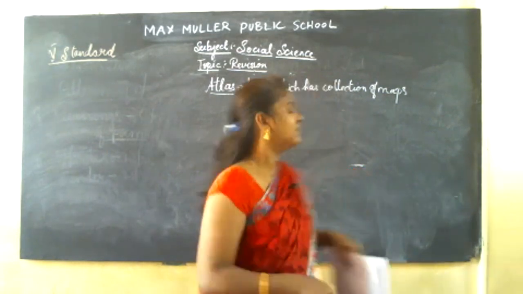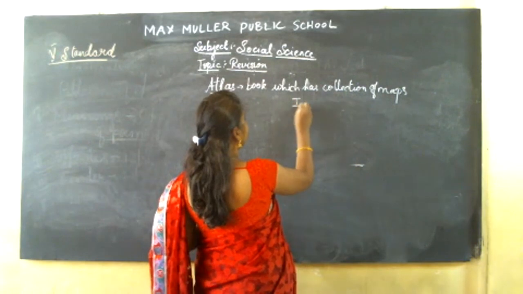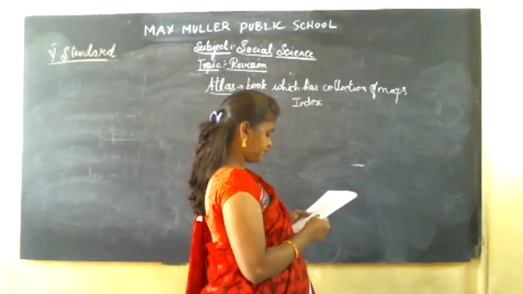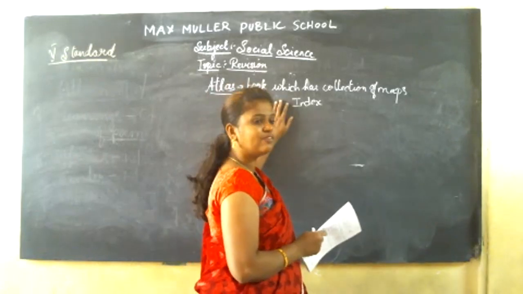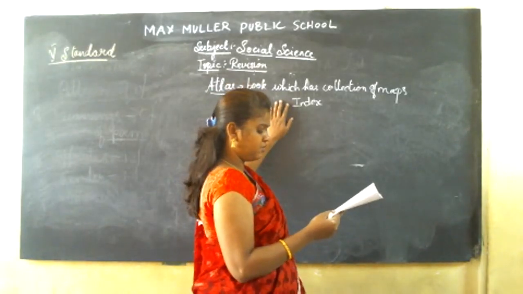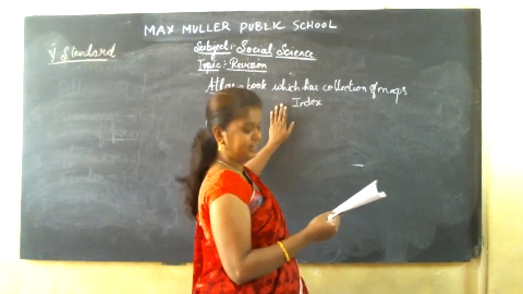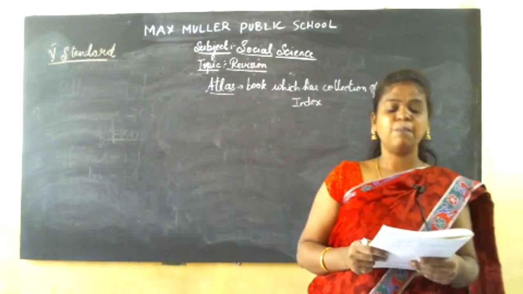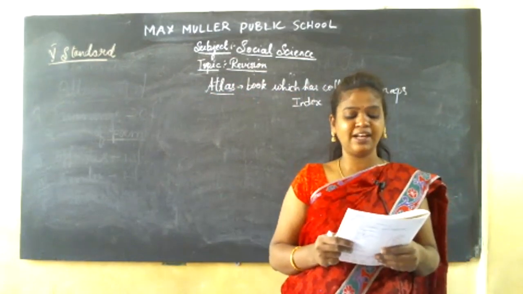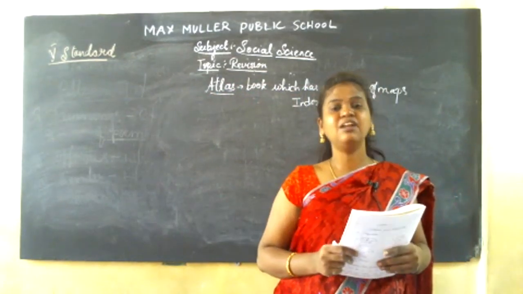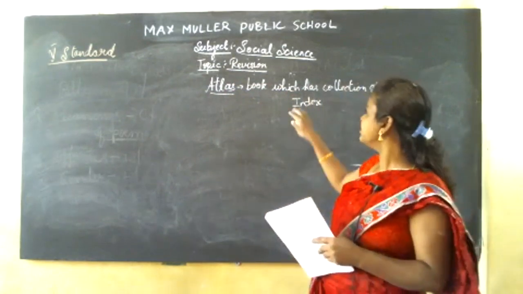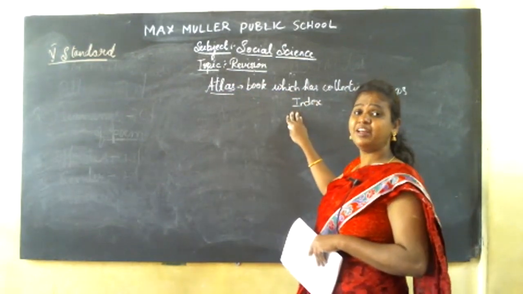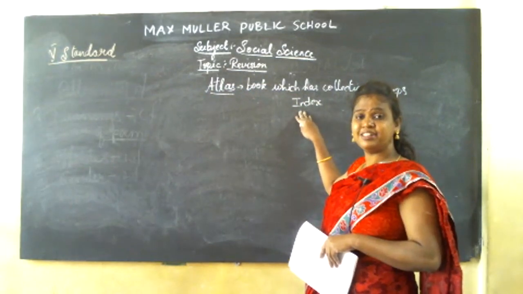So what happens in the atlas book, you can just see the index. With the help of the section called index, which shows the names of places marked on various pages of the atlas in an alphabetical order. So in an atlas there is a section called index. What is the function of index?